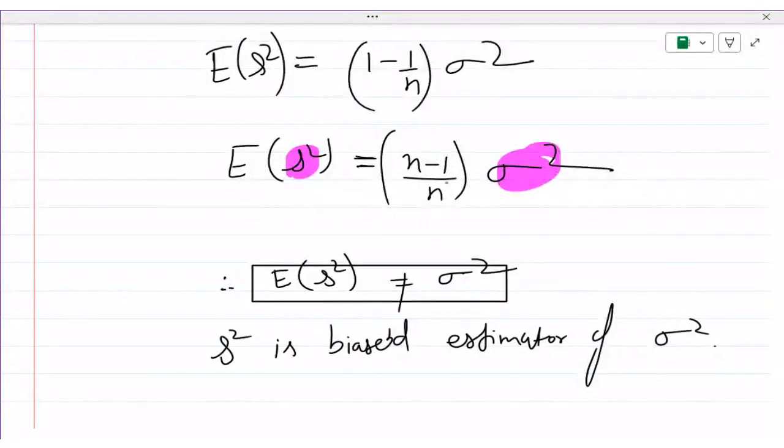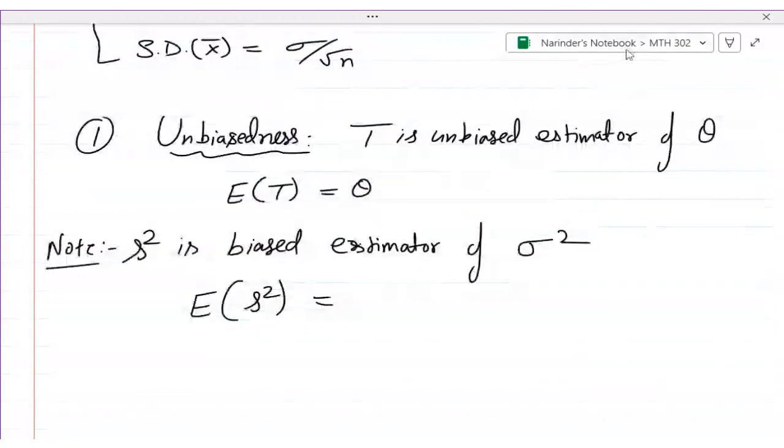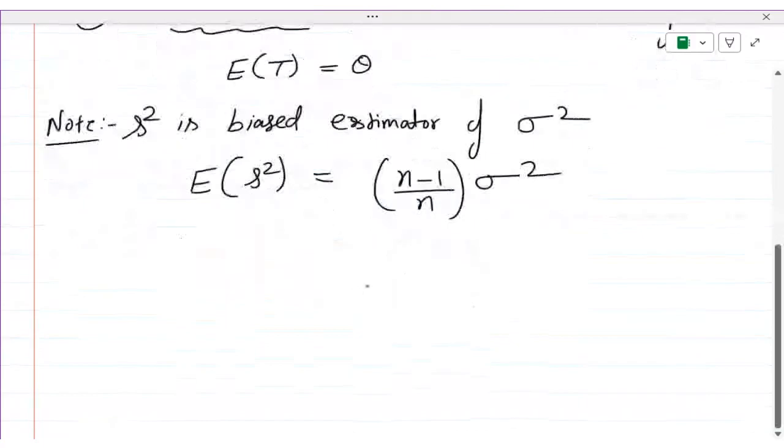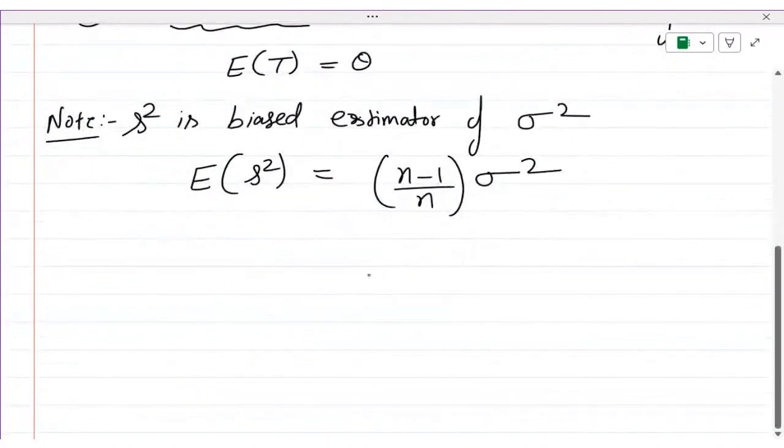So the expectation of s square is not equal to sigma square, which means s square is not an unbiased estimator of sigma square. Then the question arises: how can we estimate sigma square? What should be the unbiased estimator of sigma square?